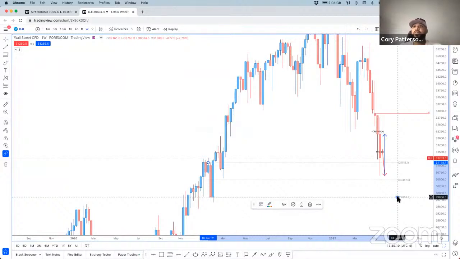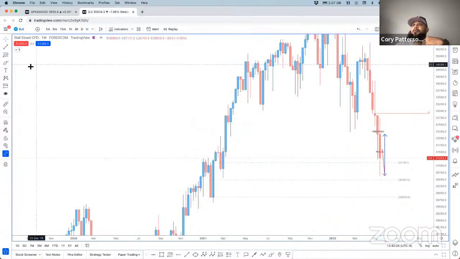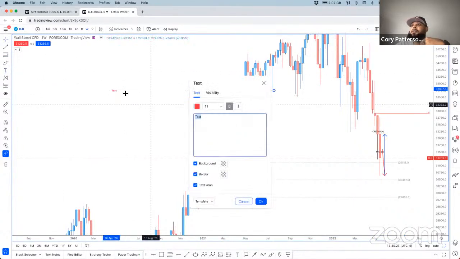Because sometimes you might be at a fair value gap on SPX, but you might be at an order block or equal lows at NAS and US 30. But I just want to say, like, I'll write it down on here. So looking for divergence.